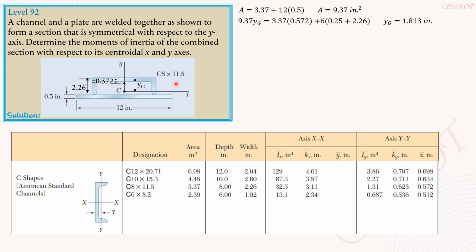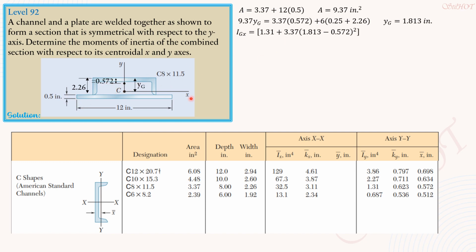Having found Yg, we now compute I bar x, and it is equal to this axis of the channel is Iy, and Iy is 1.31. So let's transfer the moment of inertia of the channel to this axis here. So Ix or I bar x or Igx is 1.31 plus 3.37, then distance Yg minus 0.572 squared. So that's the distance between these 2 points through this axis, centroidal axis.